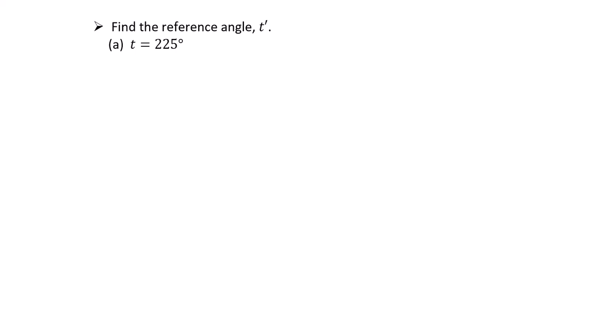Find the reference angle T prime. If T equals 225 degrees, I like to write here the quadrantal angles. Since we're in degrees, this is 90 degrees, this is 180 degrees, this is 270 degrees, and 0 degrees or 360 degrees. I know 225 lies in here.